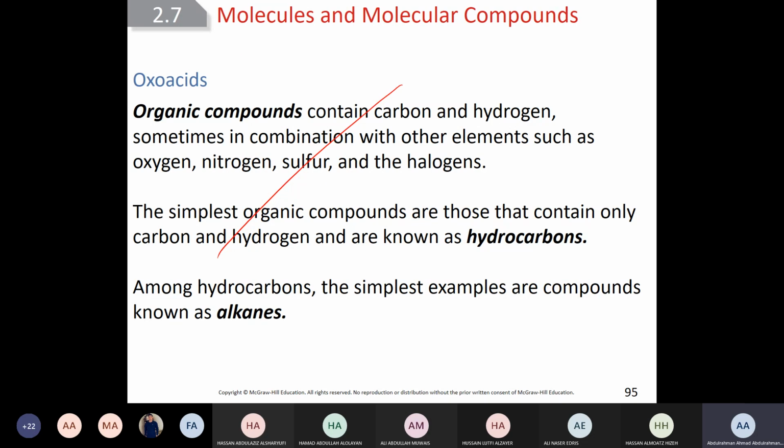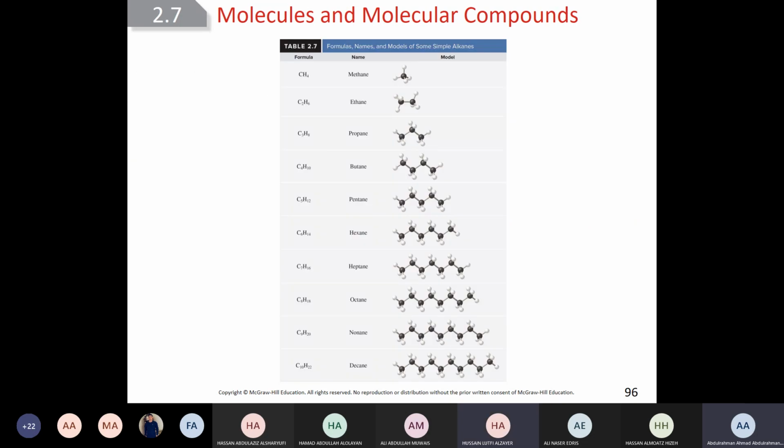Now, this part is not required from you. Don't memorize anything in 2.7. Clear? Neither is this table required, even though you had it in high school. What's this? Methane. You remember methane, ethane, propane, butane, pentane, hexane, heptane, octane, nonane, decane, but it's not important in our case in this course.